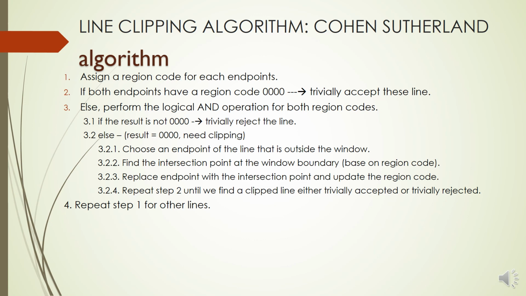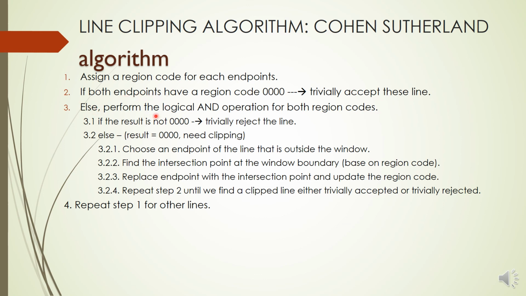I hope you still remember how we assign a code for each region. If both endpoints have a region code of 0000, we can just accept this line directly. No need to perform an AND operation because 0000 means it is inside the clipping window.